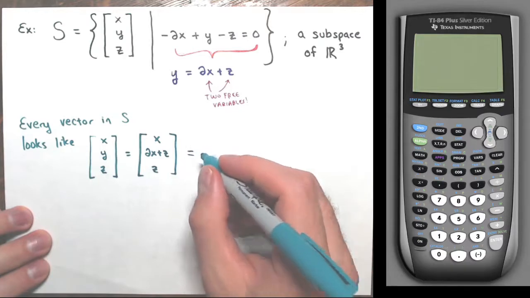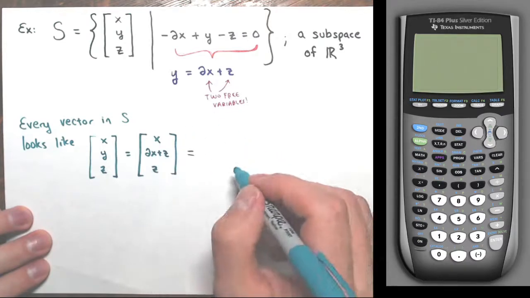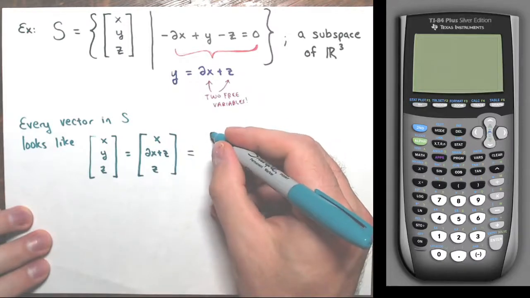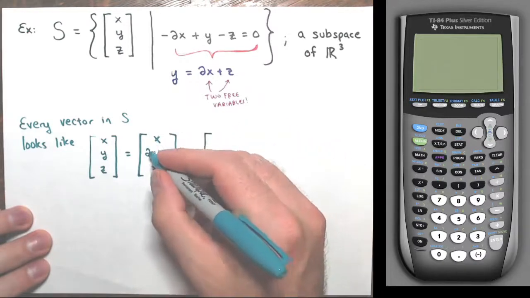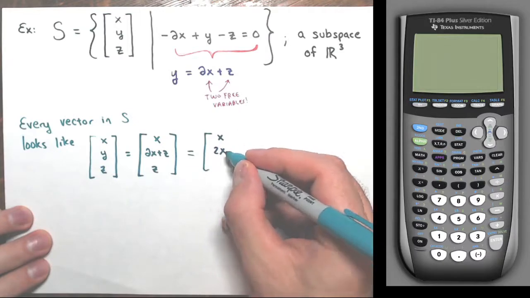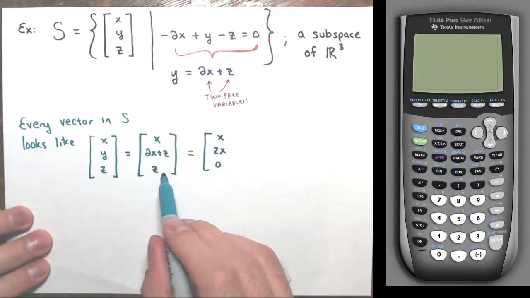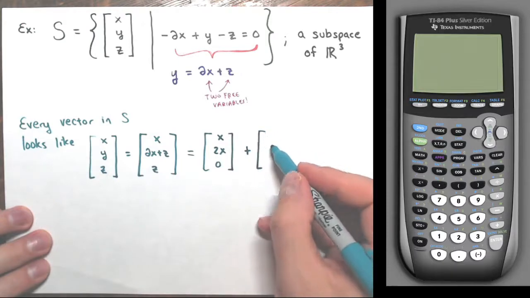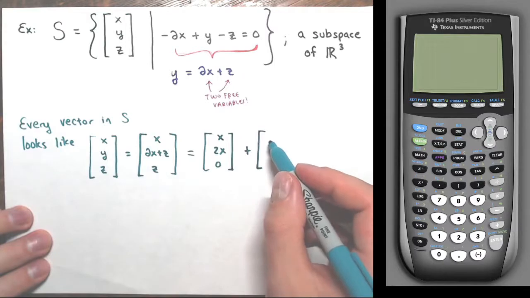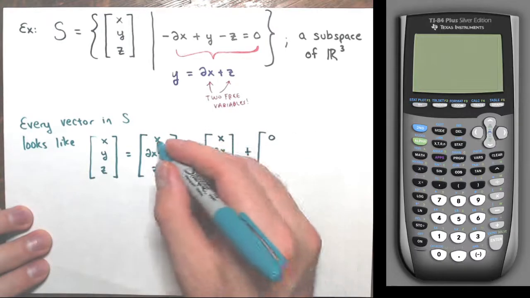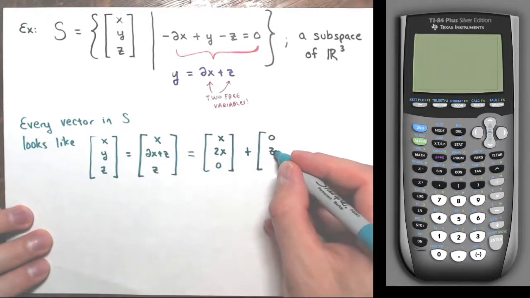So I'm going to split this up into the sum of 2 vectors, one involving the x terms and one involving the z terms. So this vector with the x, 2x plus z, and z components is the sum of the vector with x terms, x, 2x, and 0, since there is no z in the third component, plus the vector with all the components being z terms. There's no z term in the first component, so 0, and then z.